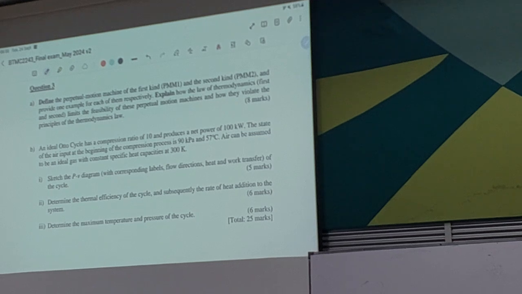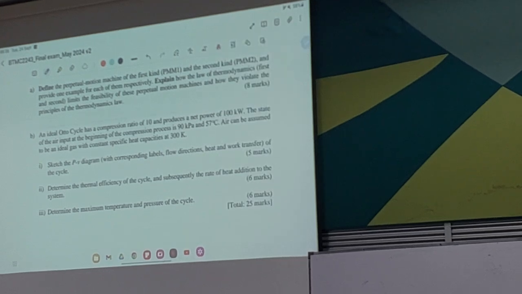If I ask you what is the first law, you should know that it is conservation of energy. You don't need to give me the explanation word by word. If you tell me the first law is about conservation of energy, what is conservation of energy? Energy cannot be created or destroyed, it can only be converted. That's all. Just tell me what you understand. That's good enough. Okay, so we jump straight to B.